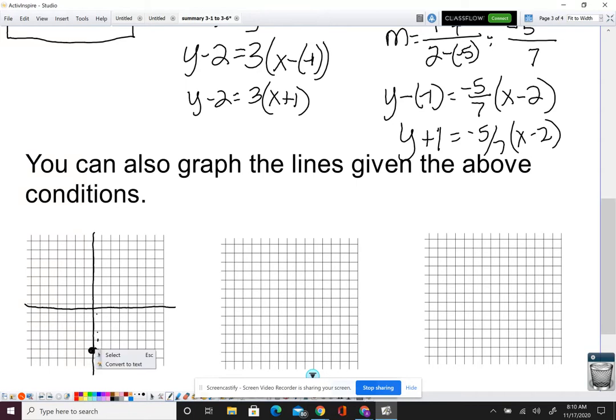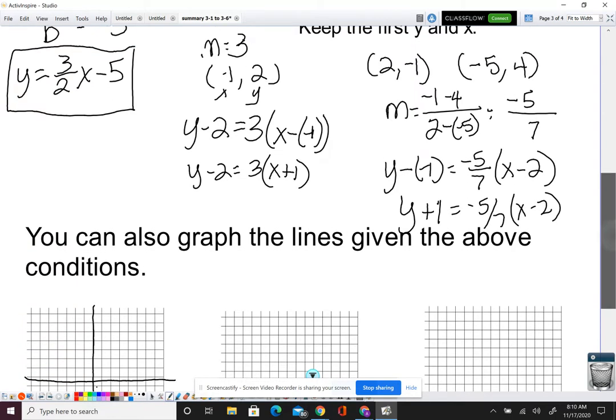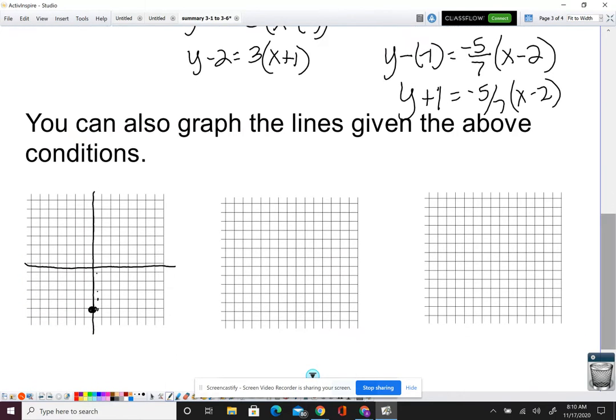And then from there, I use my slope of 3/2. From there, I rise up 3 units, 1, 2, 3, and run over. So I'm always going from the point that I just put down and using my slope from that point. And then I can draw my line.